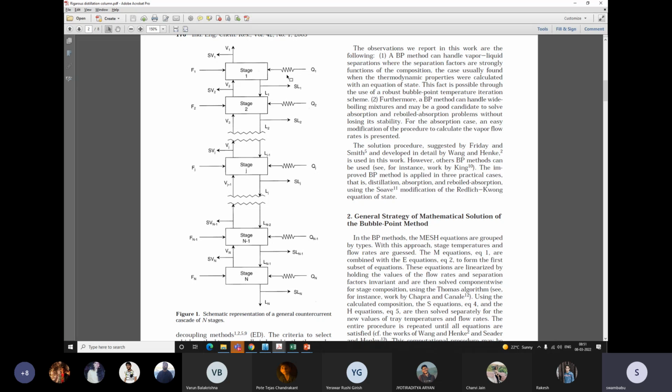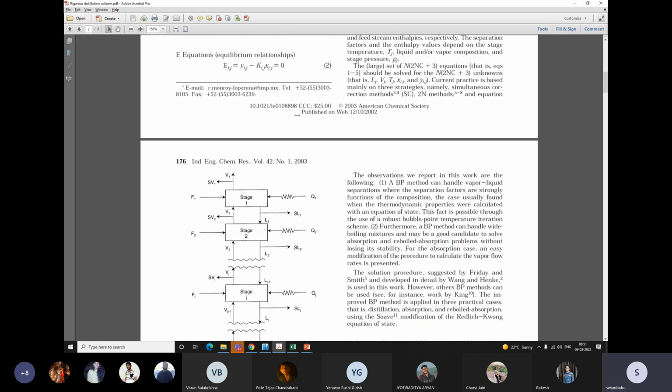And we can give intermediate heat to a specific tray: Q1 amount of heat is given to stage 1, Q2 to stage 2, Qj to stage j. Like this, for each stage they have written the possible streams that can go in, the possible streams that can come out, and the energy streams. Everything is given.